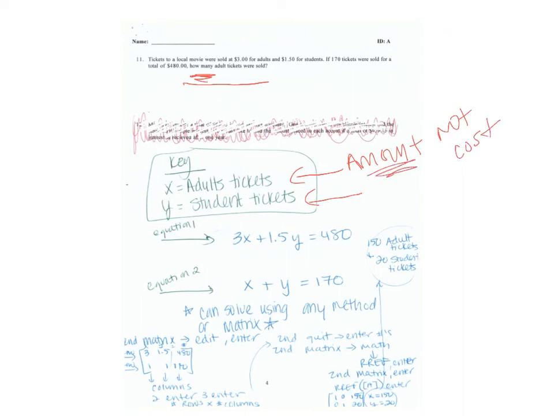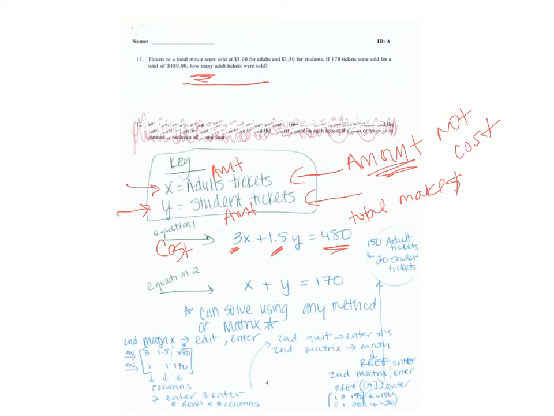So we'll say x is adults, y is student tickets. And again, it's the amount of tickets. So for our first equation, this is a cost equation. If this is the total that they make, since it's a money cost equation, the worth needs to go in front of the variables.